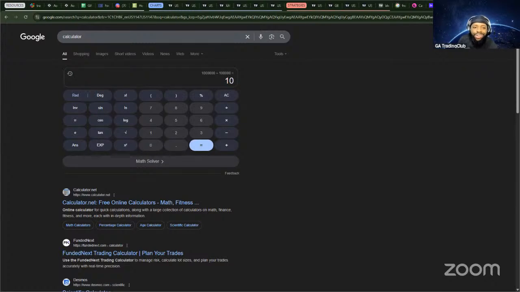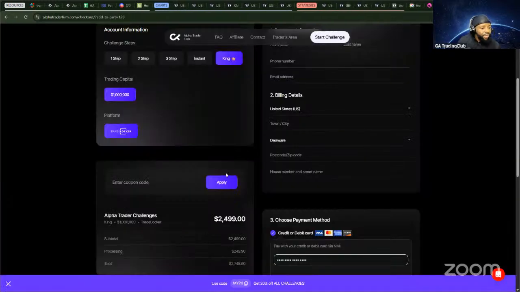Okay, I had to calculate. Anyway, this is actually cheap because a 100K challenge is on average $500. So 500 times 10 is $5,000, right? So this is like paying $249 for a 100K account.